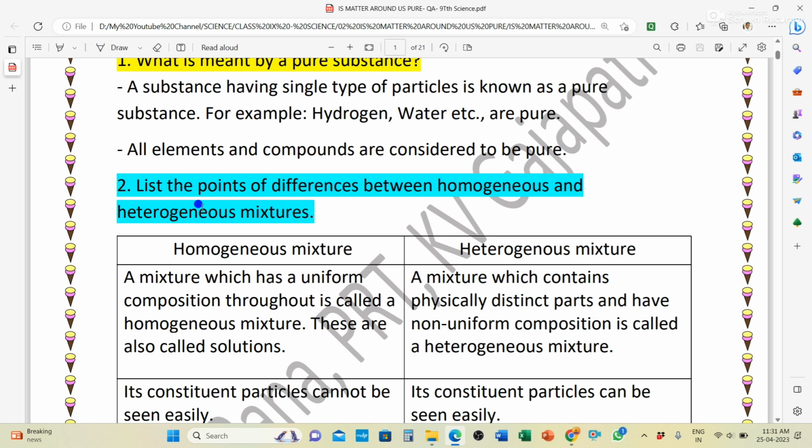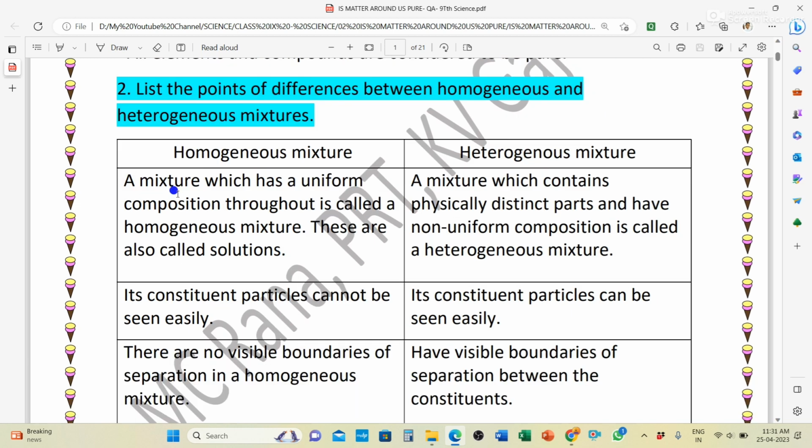Second question is, list the points of differences between homogeneous and heterogeneous mixtures. A mixture which has a uniform composition throughout is called a homogeneous mixture. These are called solutions also. In case of a heterogeneous mixture, it contains physically distinct parts and has non-uniform composition.